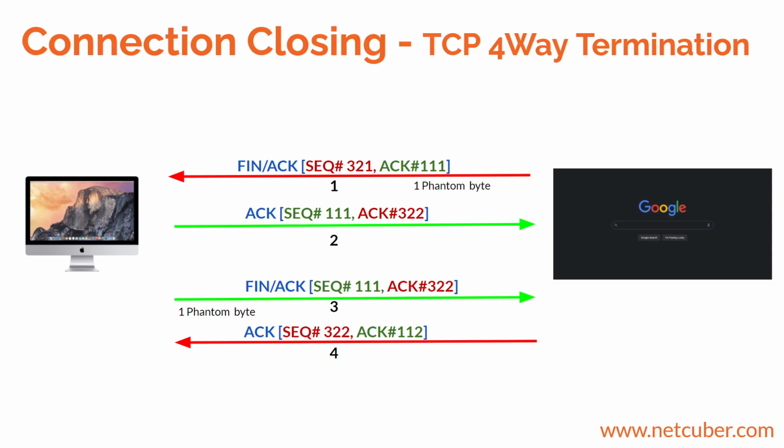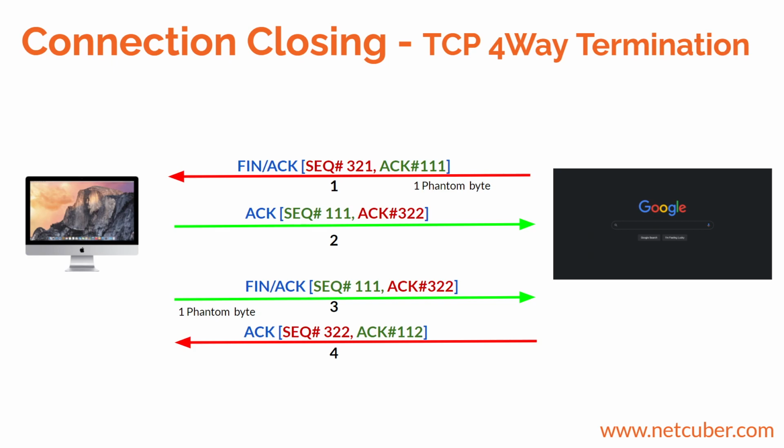So let's say all the communication is done and they want to close this session. So what happens? A four-way communication will happen. In our scenario, the server is done with the details it is supposed to share. So it sends a FIN-ACK. In that also there is a sequence number. They again use the latest sequence number where they ended the communication, as in where they were in the communication.